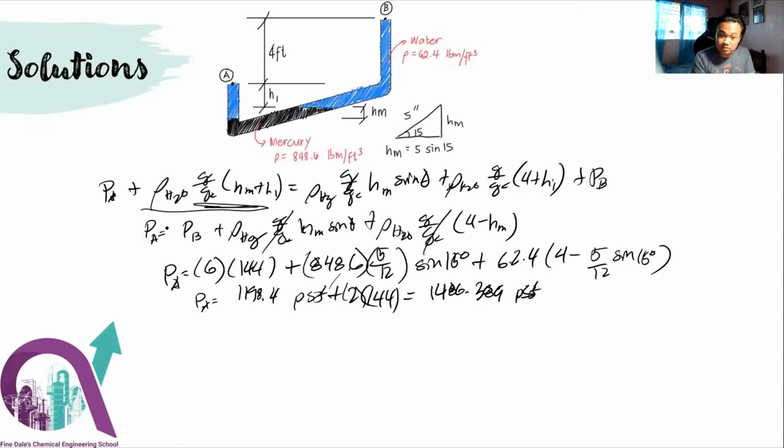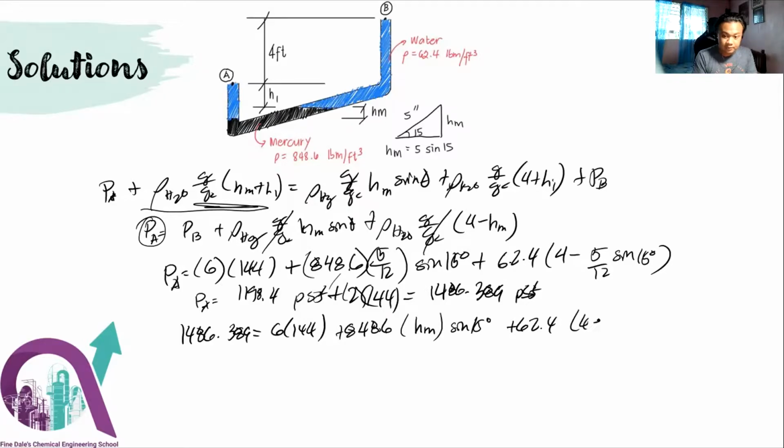Then substitute that back in this equation, so that you will get the new HM. So 1486.389 equals 6 times 144 plus 848.6 times HM sine 15 degrees plus 62.4 times 4 minus HM sine 15.